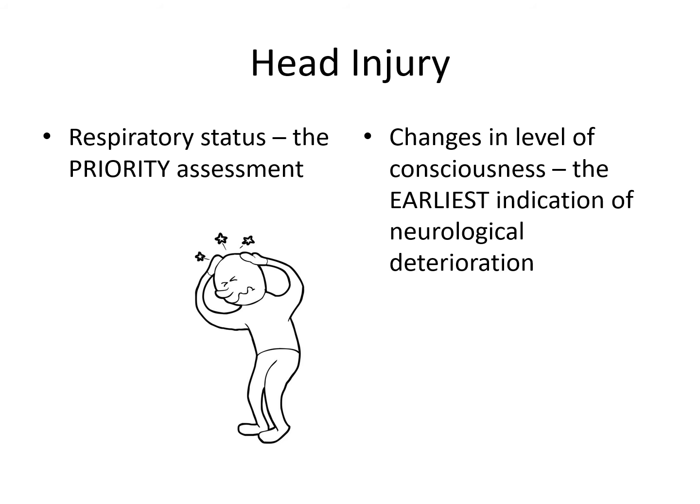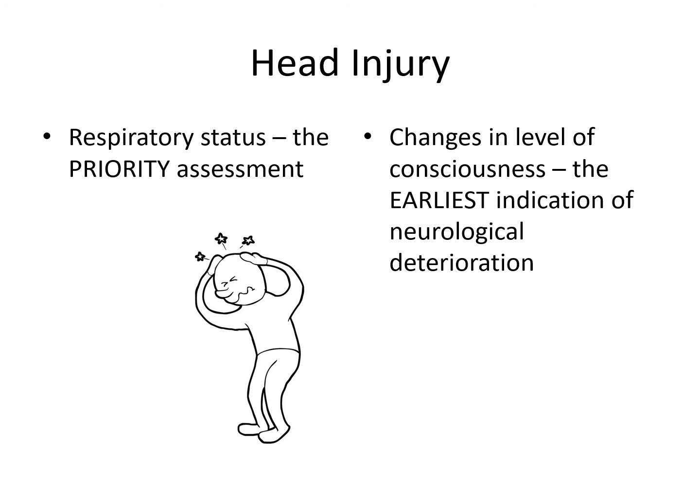This slide was created to make sure that you understand the difference between these two questions. If you are asked about a patient who's had a head injury, what is the priority assessment? Yes, the answer will be respiratory status.